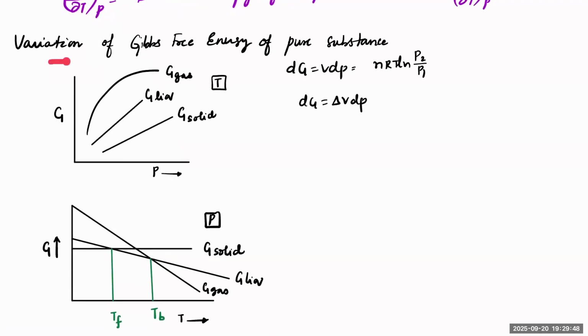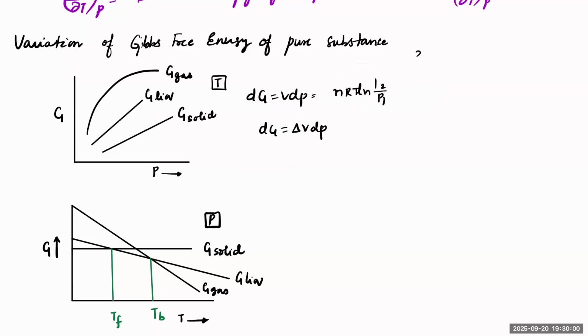First, the variation of Gibbs free energy for a pure substance at constant temperature. This is for ideal gas, and this is for solids and liquids.